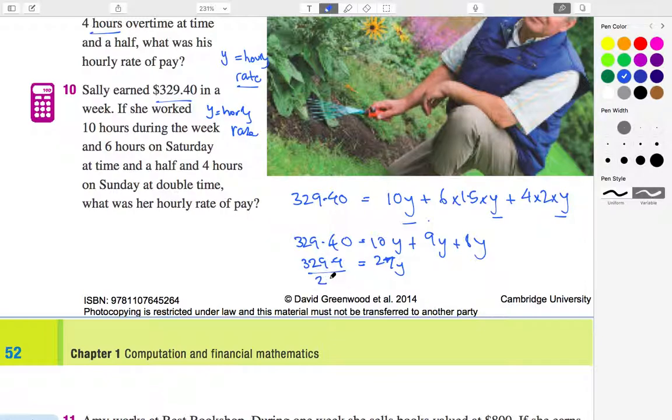And the last step is to divide by 27. Y is going to equal this divided by 27. So you've got 329.4 divided by 27, and that gives you 12.2. Okay, so that's how you can do question 10.